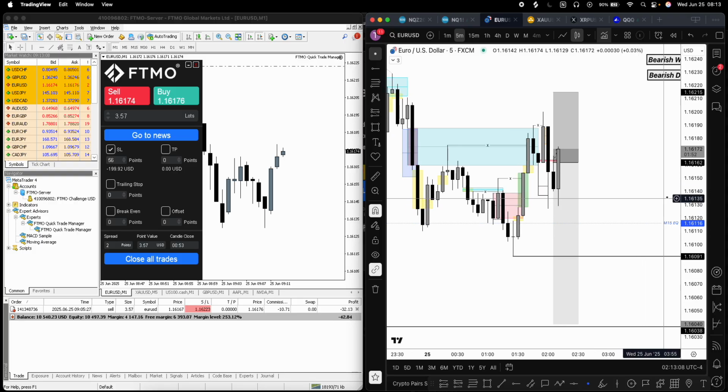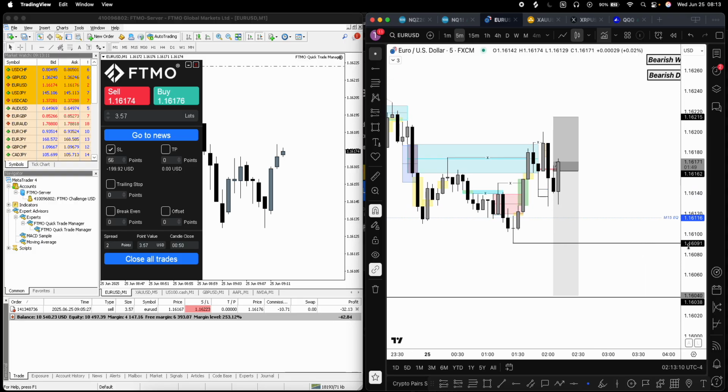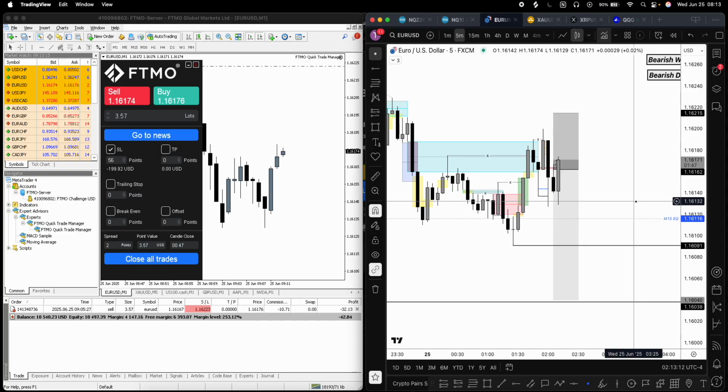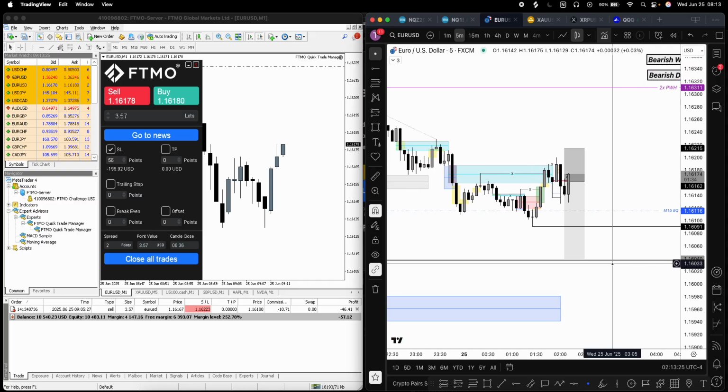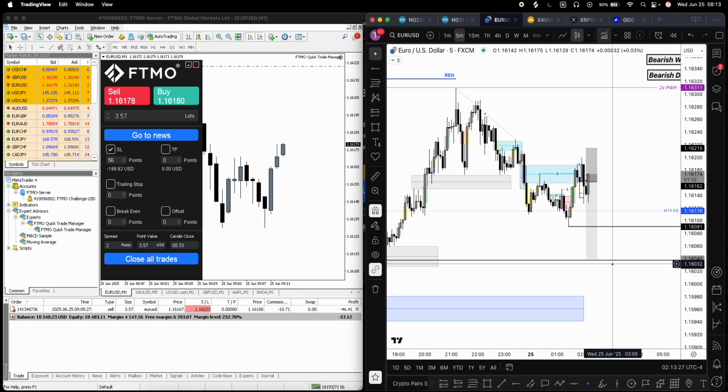We do need to be wary though that, listen, I can see how this could lose because we did sweep this low, displace to the upside, get a market structure shift to the upside. So I mean, I could see how I could lose. I definitely could see that.